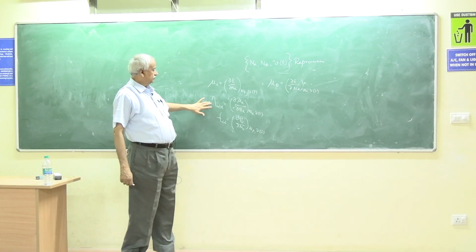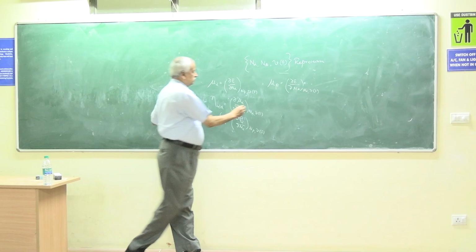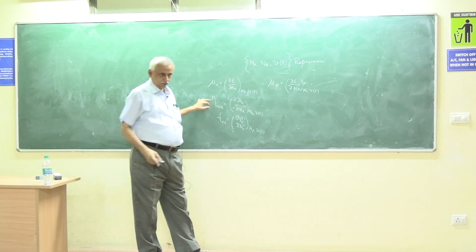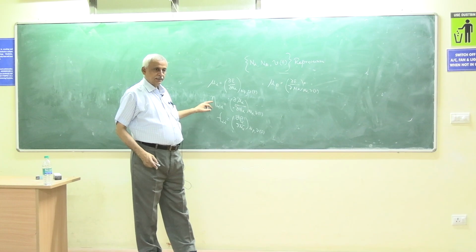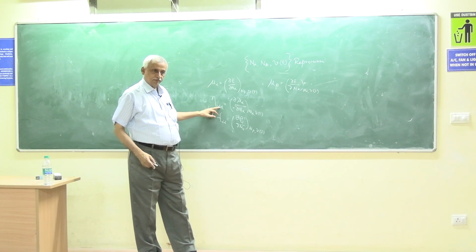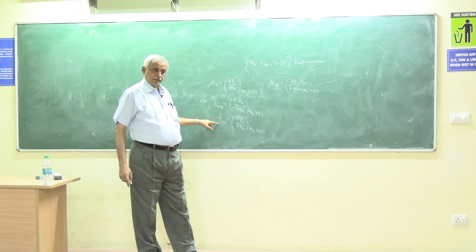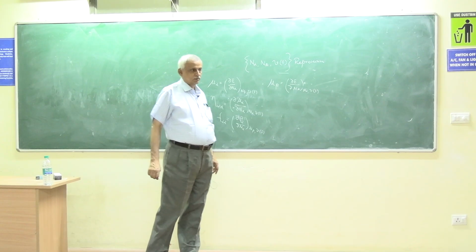You get the other forms, you write down the other forms of hardness like eta alpha alpha, eta alpha beta, eta beta beta, eta beta alpha. Similarly, f beta beta, f alpha beta, f beta alpha. Get the forms.